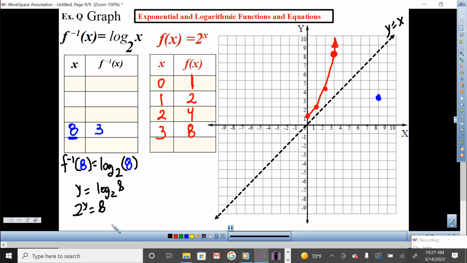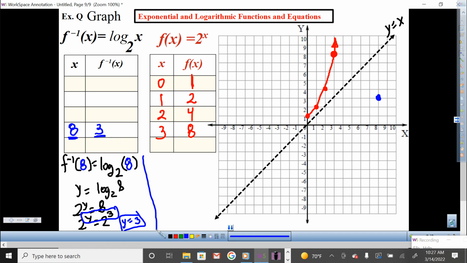That is correct. And then 2 to the y equals 2 to the what? 3. So that means y equals 3. That's how we get that one.